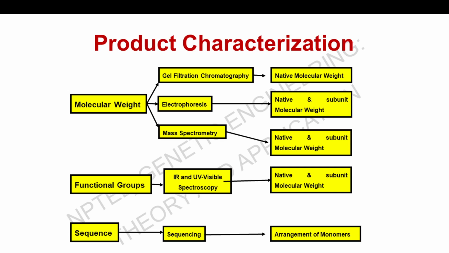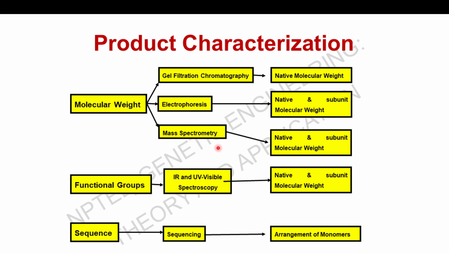One way to characterize the product is by looking at the molecular weight. With gel filtration chromatography we get the native molecular weight of the protein, and also the aggregation or oligomeric status. With electrophoresis, we can get the native and subunit molecular weight of the sample, basically protein here.